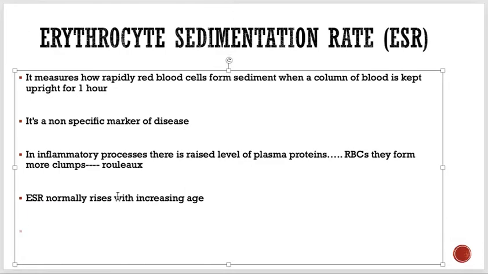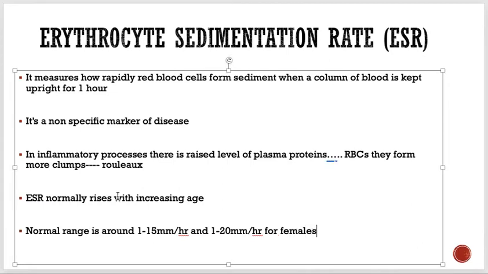Let me tell you the normal ESR range again. Now again, this can be different in different books: 1 to 15 millimeter per hour for males, and 1 to 20 millimeter per hour for females. So there is a difference between males and females. These are the normal values of ESR.